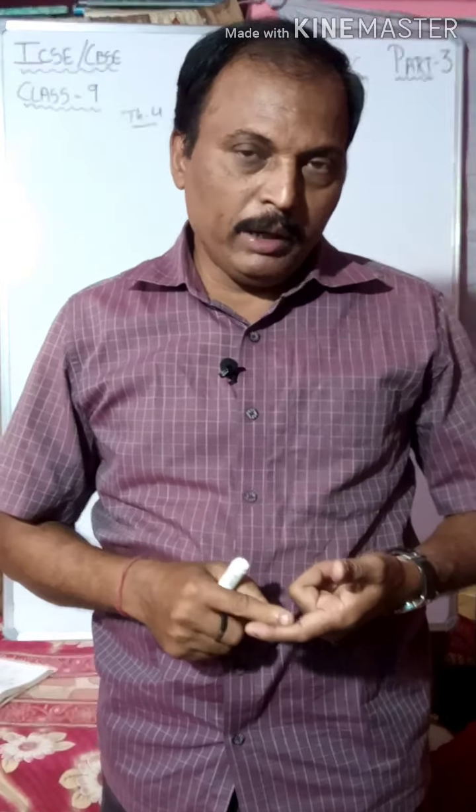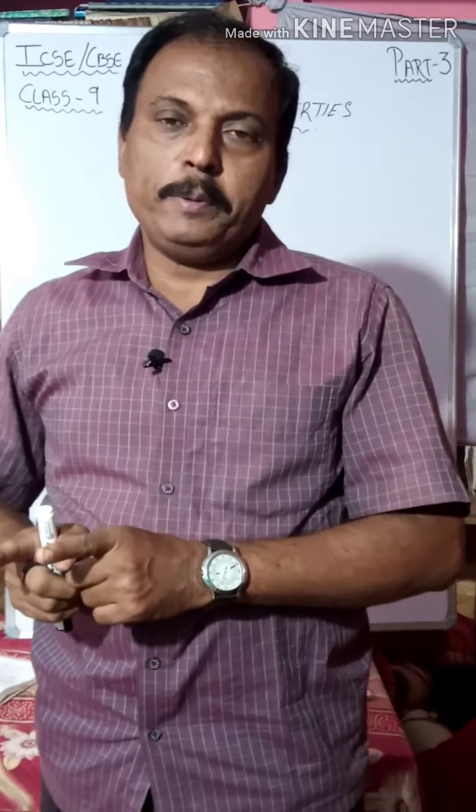Our theorem 3 was: equal chords of a circle are equidistant from the center. Reversely, we can say chords equidistant from the center are also equal.